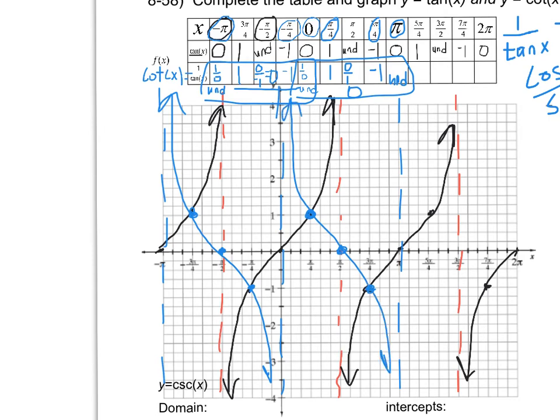And I'm not going to finish filling out the table. I am going to copy this graph over. I have to have another vertical asymptote at 2 pi. And my graph has to pass through this point, and this point. There is the graph for the tangent.